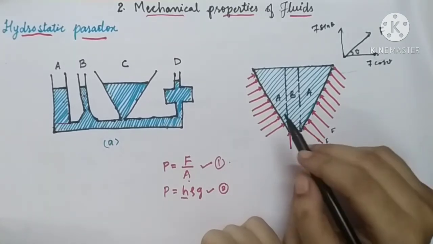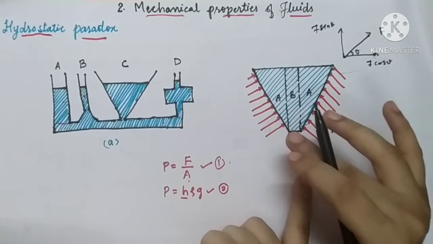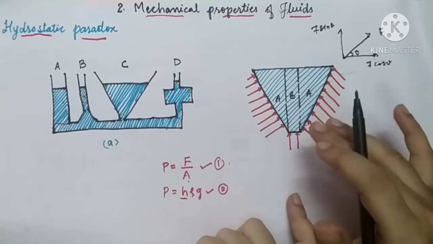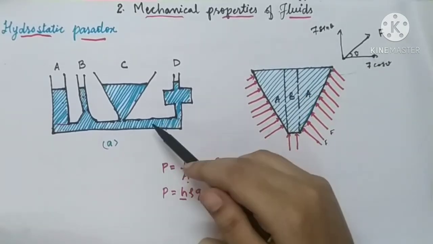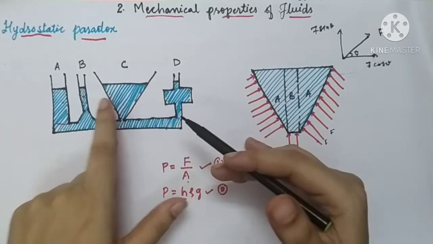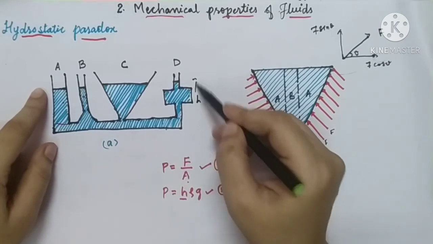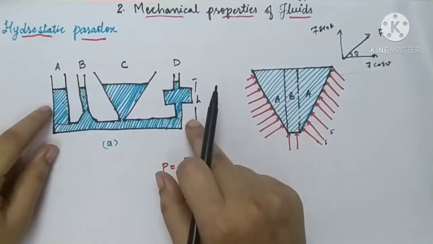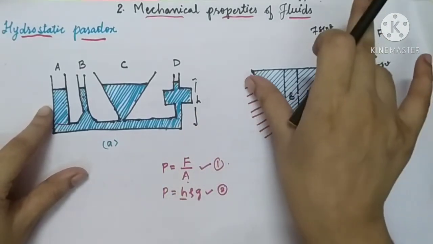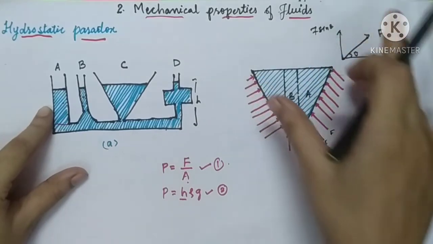So the rise and fall of a liquid level will only be observed when you apply the forces on the shape of the container. Here we have taken the liquid in a state of equilibrium. In the state of equilibrium, every part of the container is filled to the same height. There is not any pressure difference. Here there is a pressure difference and there is a rise in the liquid.